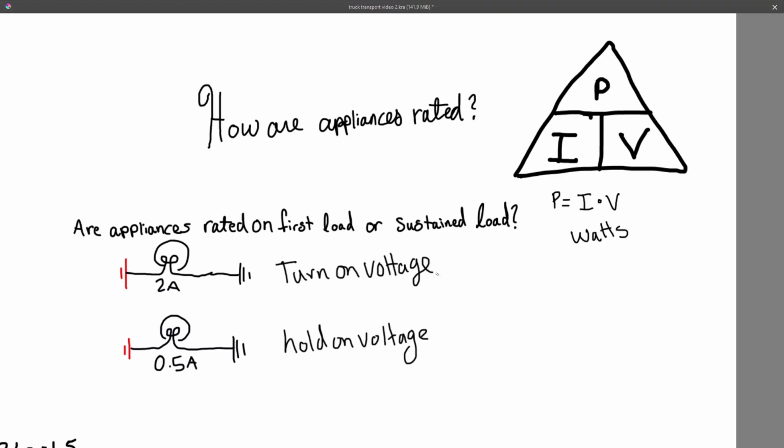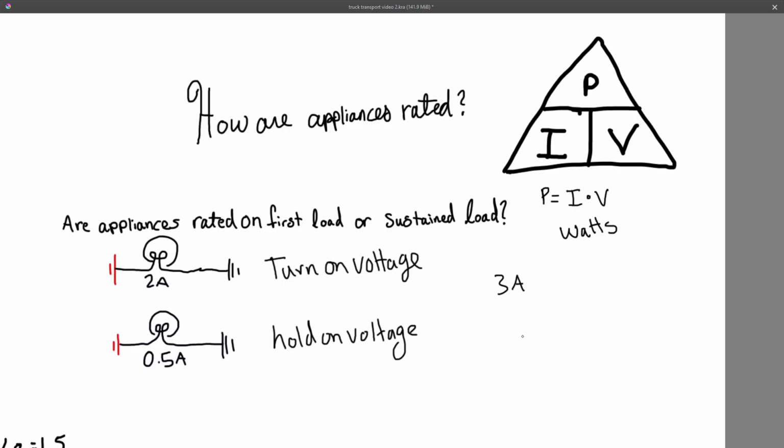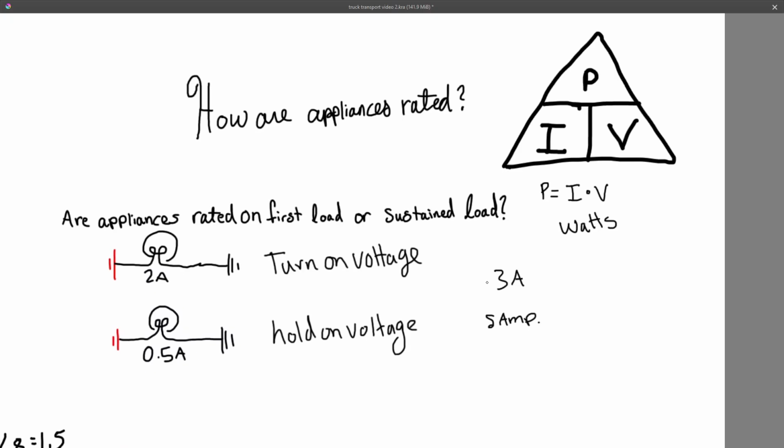Let's say you have a circuit and you're expecting 3 amps. You're not going to put a 3 amp fuse in there. You're going to put a 5 amp fuse in there. It is very important that you always go above the rated amperage you'll see on that circuit, because your first consumption is always going to be higher than your average consumption.